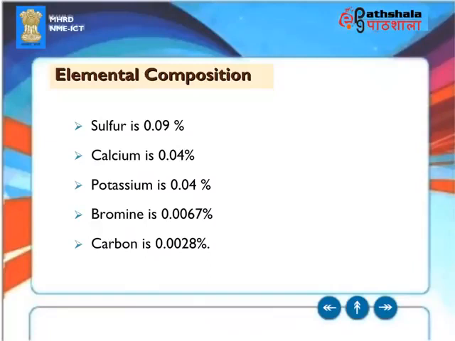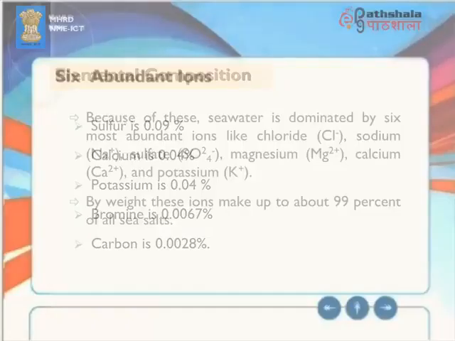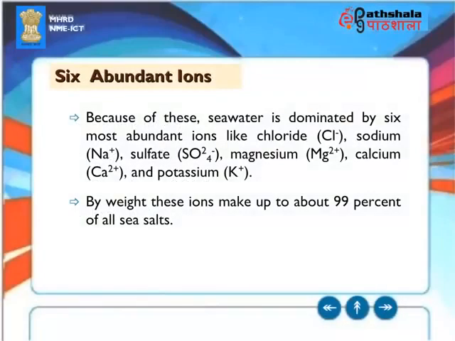Sulfur is 0.09%. Calcium is 0.04%. Potassium is 0.04%. Bromine is 0.0067%. Carbon is 0.0028%.